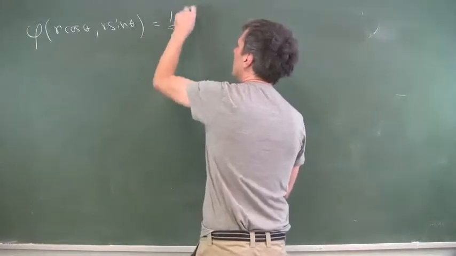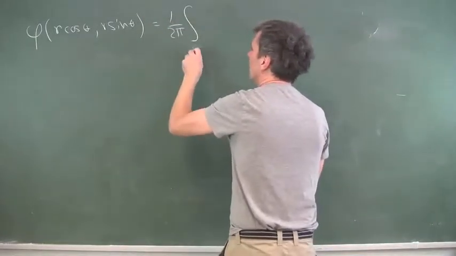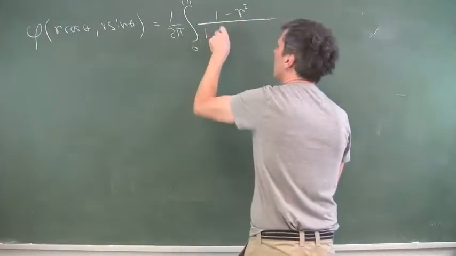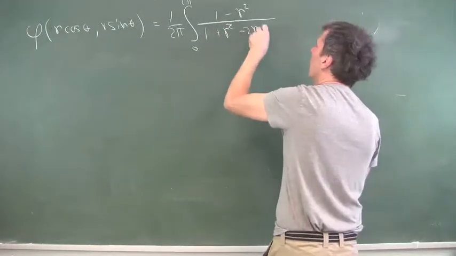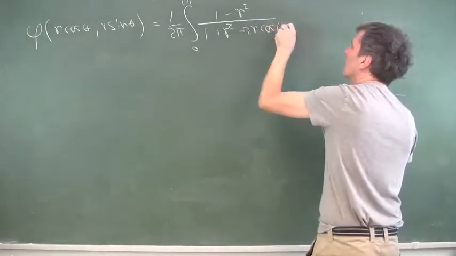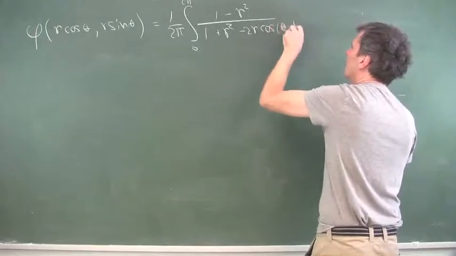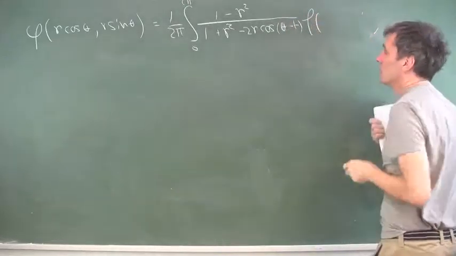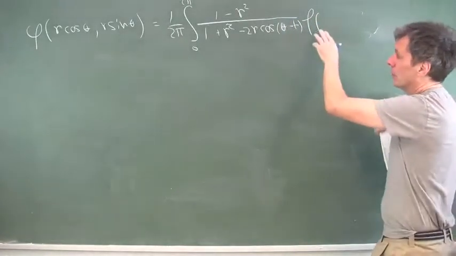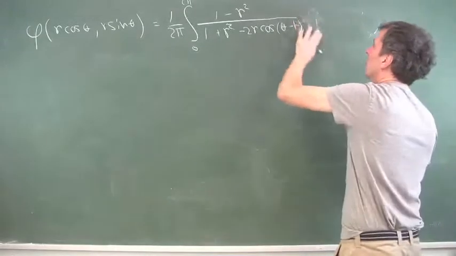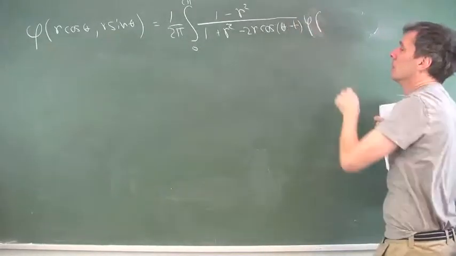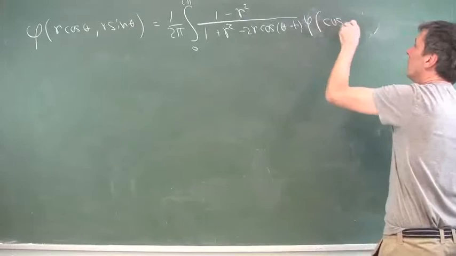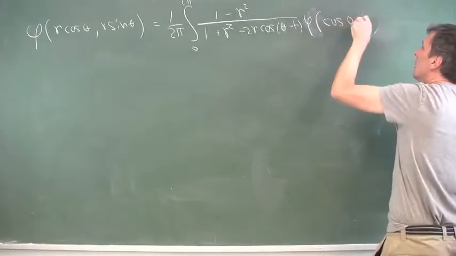And this will be equal to the integral from 0 to 2 pi of (1 minus r squared) divided by (1 plus r squared minus 2r times the cosine of theta minus t, or t minus theta, doesn't matter). And then we have the function phi at the point what I before wrote as e to the it, but now I simply write it in the real notation in this way.